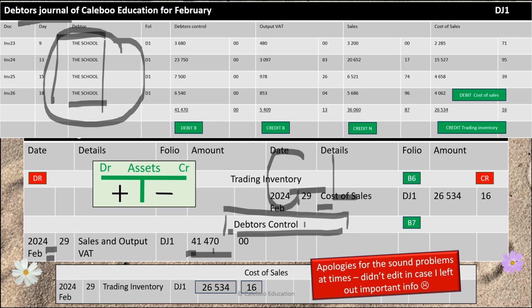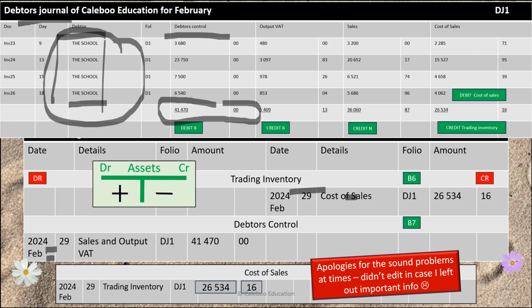A debtors ledger has all the individual accounts of the debtors. So I'm now looking at the debtors control account. We take the total and we post it to the debtors control account in the general ledger.